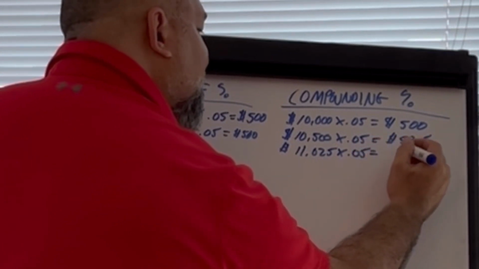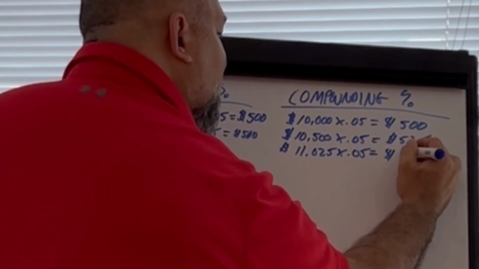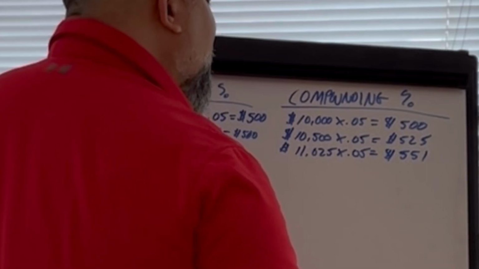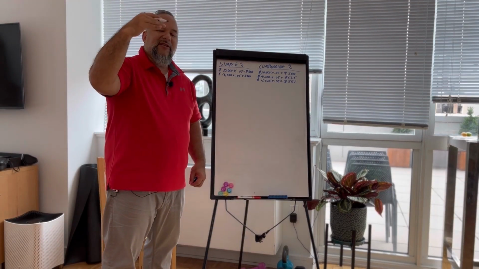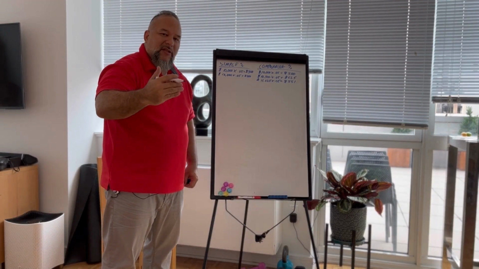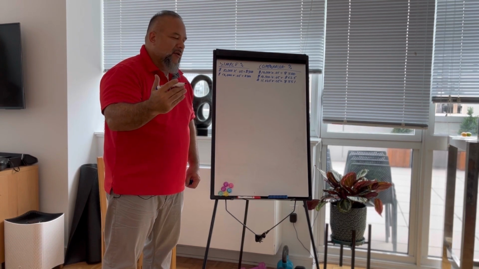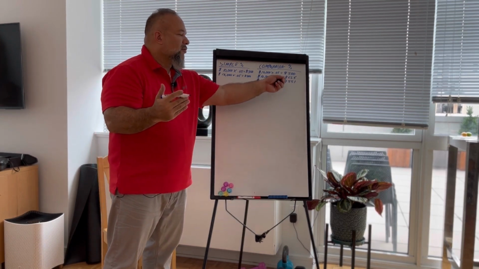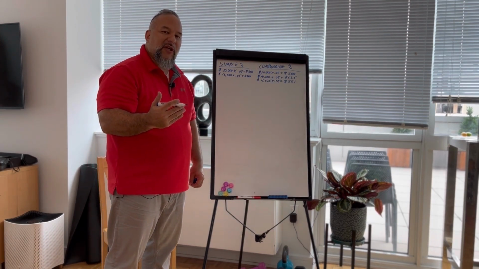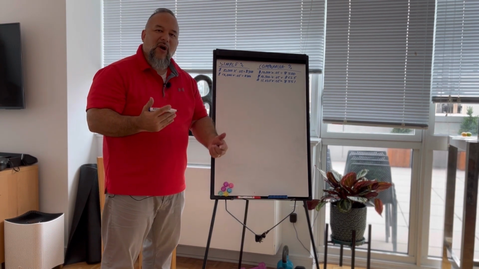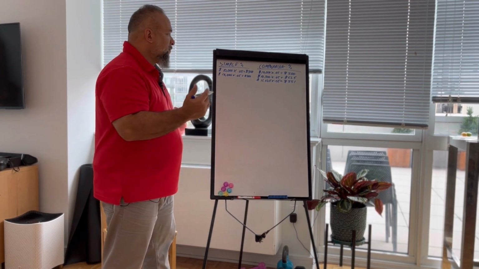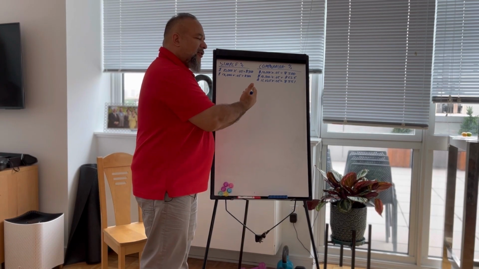And at 5%, at the end of that year, you will have $551. As you can see, this is small but incrementally growing every year. The interest that has grown is being added back to the principal sum, and this is what wealthy people are constantly doing.